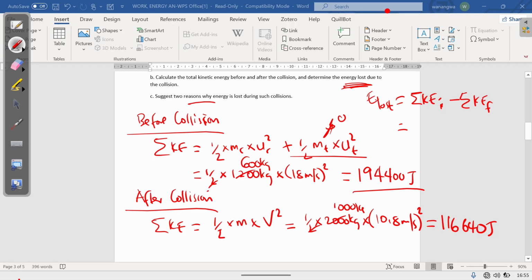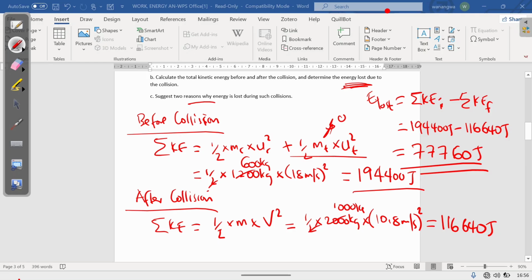That will be 194,400 joules minus 116,640 joules. This gives us 77,760 joules. This was the amount of energy that was lost.